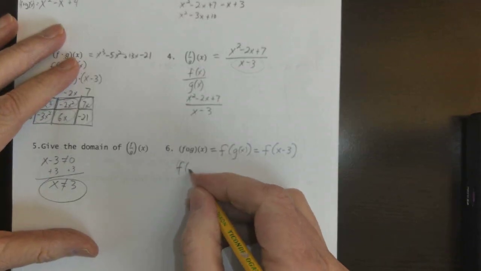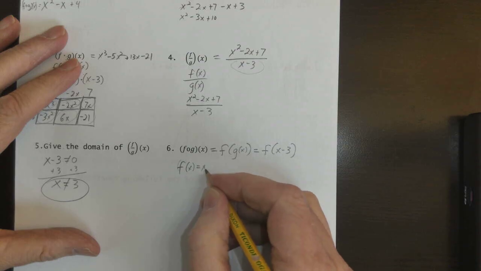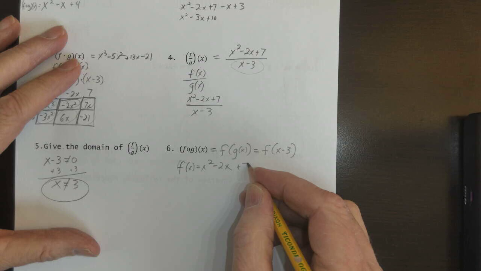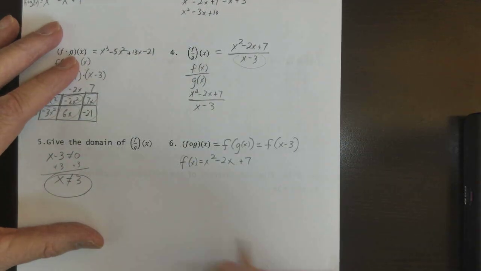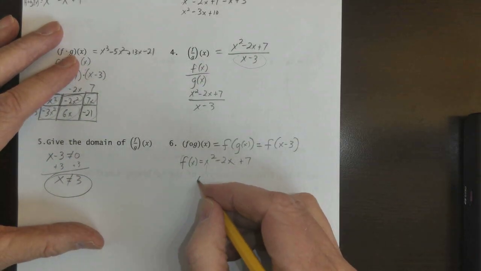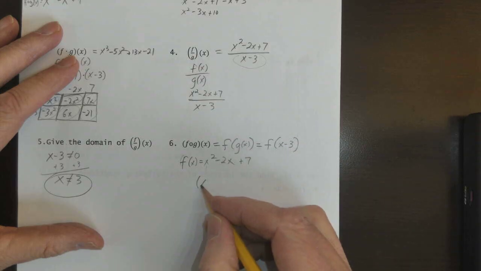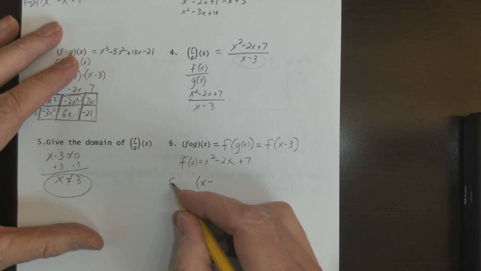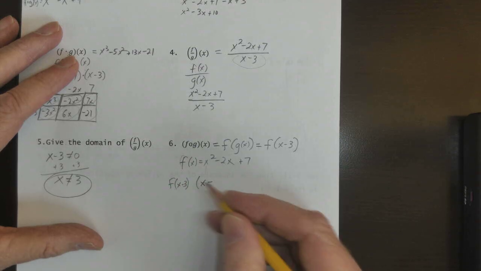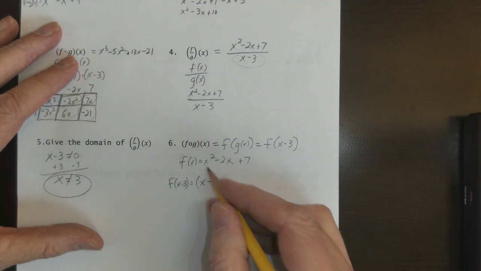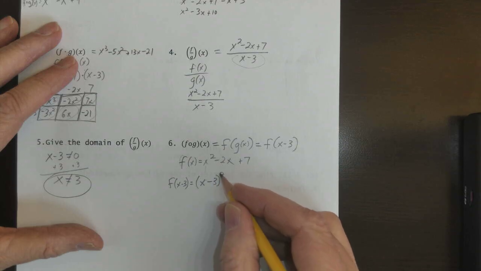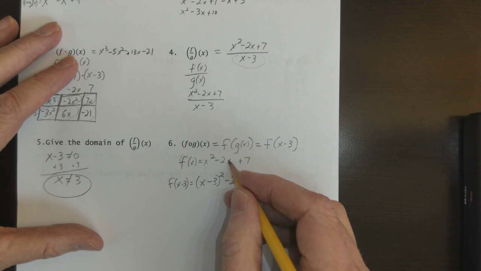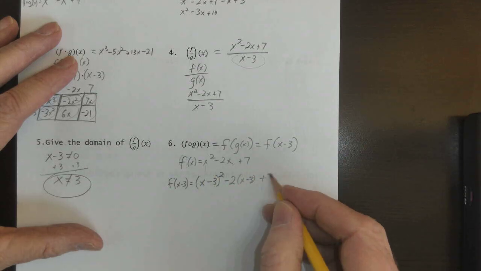You've got f of x is equal to x squared minus 2x plus 7. Now so we're doing f of x minus 3. I'm going to replace the x's with x minus 3's. These two places that had x's, and then the plus 7.